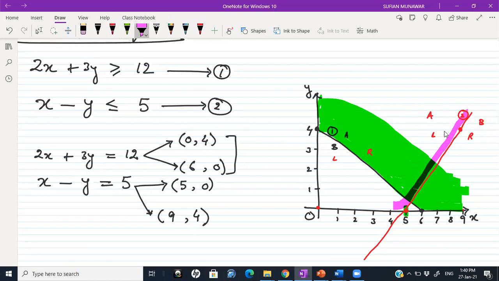And doctor, do we measure the value according to the y-axis or the x-axis? 0, 0 means both of them. For example, now here in the second equation, we put 0 in place of x and 0 in place of y, and both of them are smaller than 5.